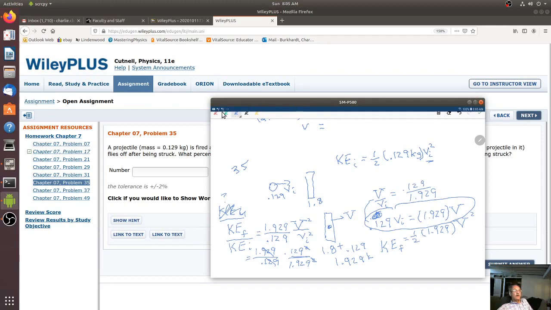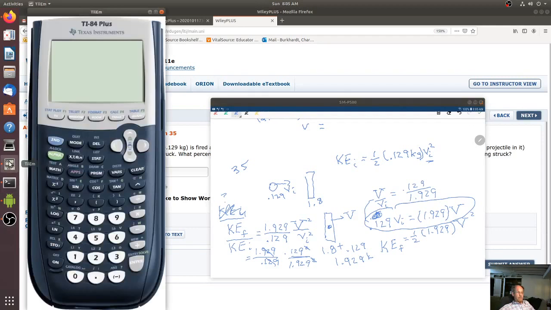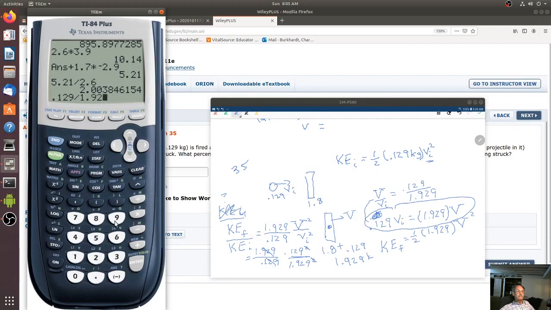Gee, I wonder if this works. Let's grab my contraption here, check it out. I get 0.129 divided by 1.929. And I get 0.067.